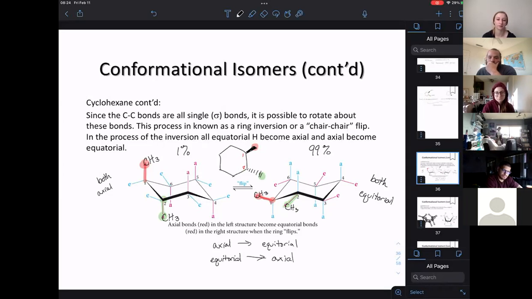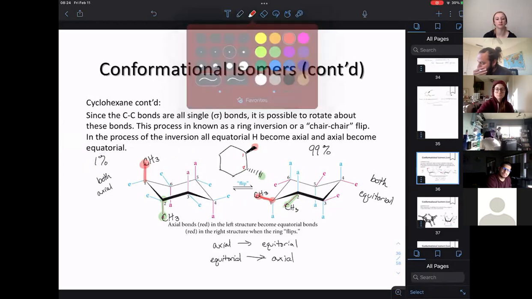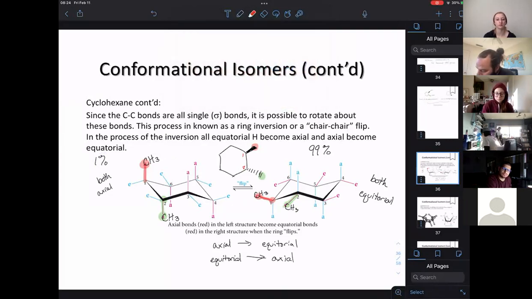Is it because the molecules are heavier? It's not so much heavy, but I think you're getting at this idea. It's actually size. Those methyl groups are big and bulky. And so what happens when they're in this axial position is they're really close to all the other bonds that are also in the axial position.